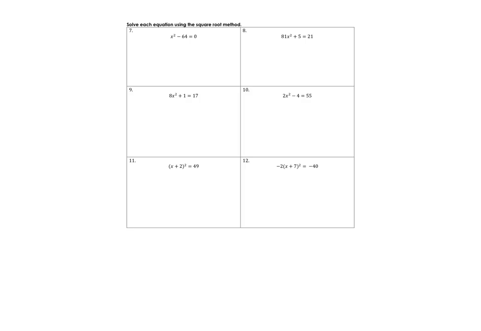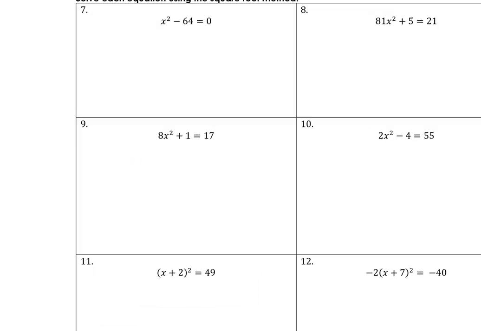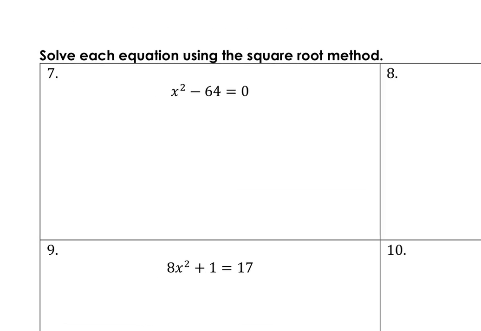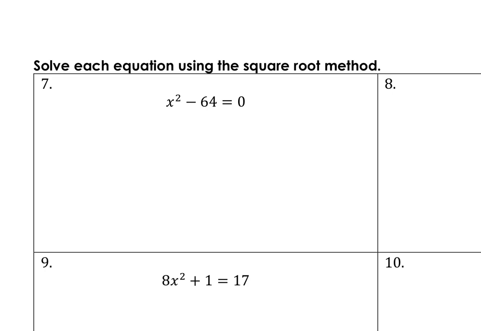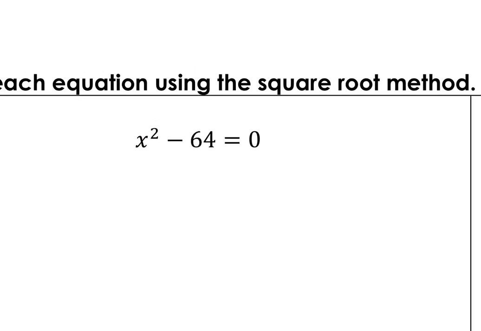So first, if we look at problem number 7, we've got x squared minus 64 equals 0. So again, the first thing you want to do is get x squared all by itself on the left side. So I'm going to bring this negative 64 over to the right. So this would become x squared is equal to 64.